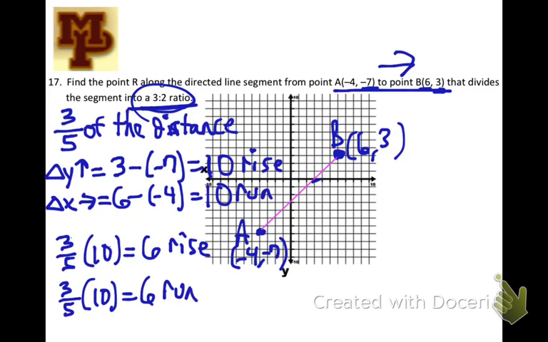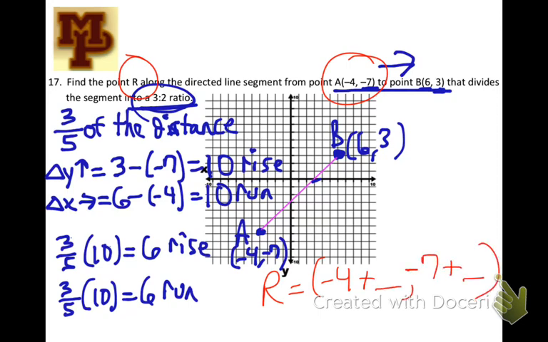So to figure out your new coordinates, the point that we're looking for, point R, is going to be equal to whatever the A was starting with. So it started with -4 plus the adjustment, and then -7 plus the adjustment. I sort of ran out of room, so I didn't write this the way I normally do, but the run is the x, and the rise is the y.